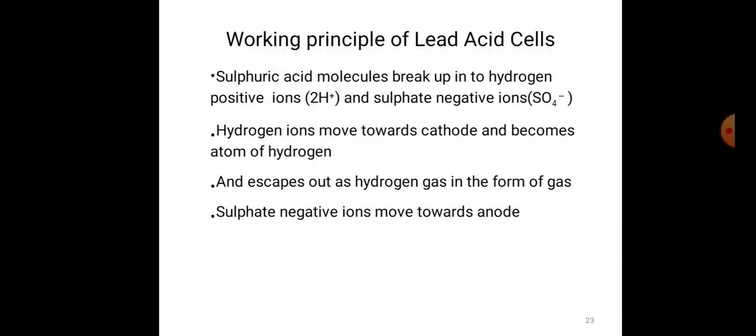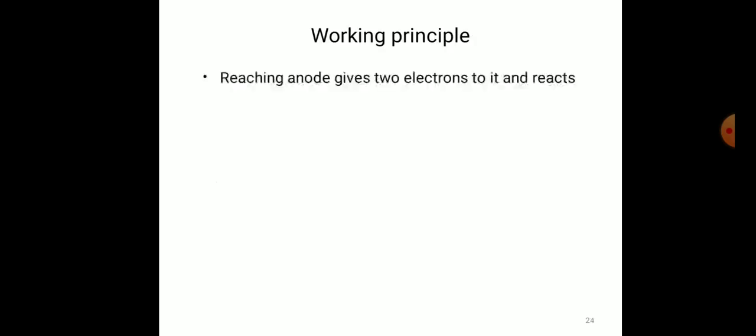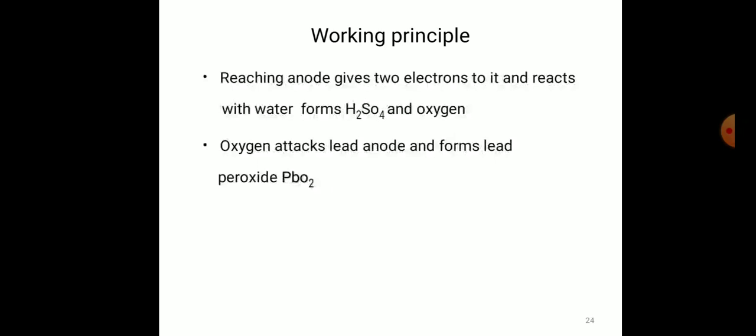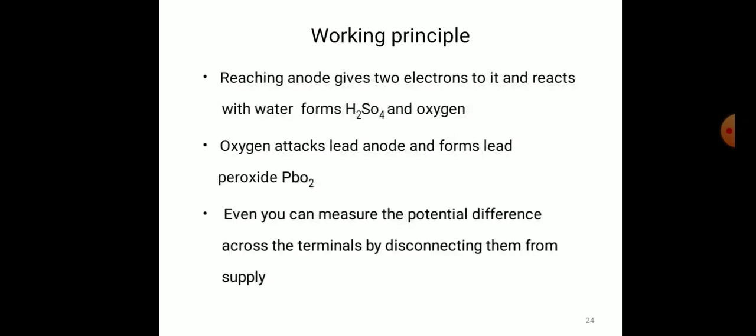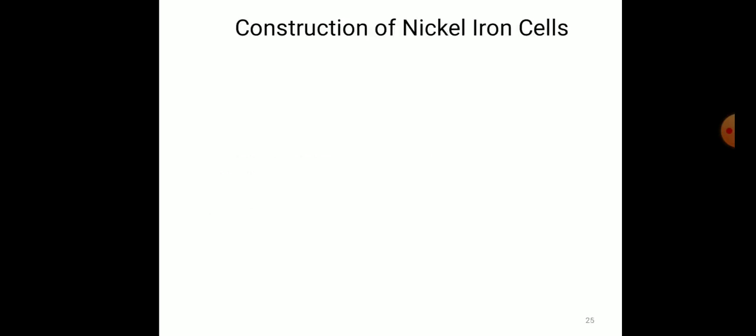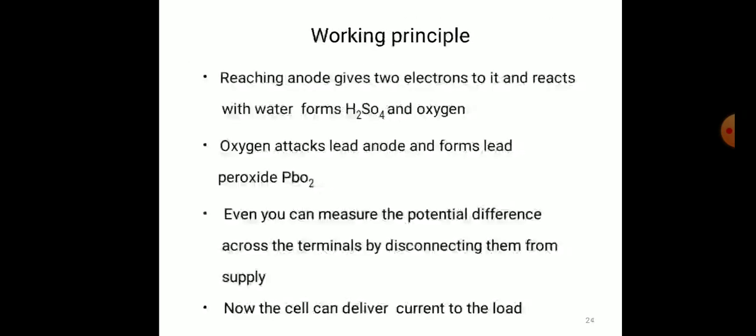Sulfate negative ions move towards the anode. On reaching the anode, they give two electrons and react with the water from H2SO4, producing H2SO4 and oxygen.